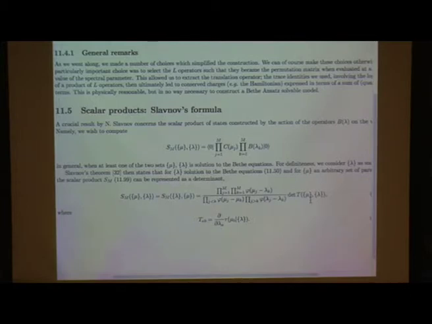However, if you need to evaluate a determinant of a matrix of size n, then the operational count is only n cubed. Okay? So you've transformed something which is exponentially complicated in system size to something which is polynomial in system size. This is extremely economical.